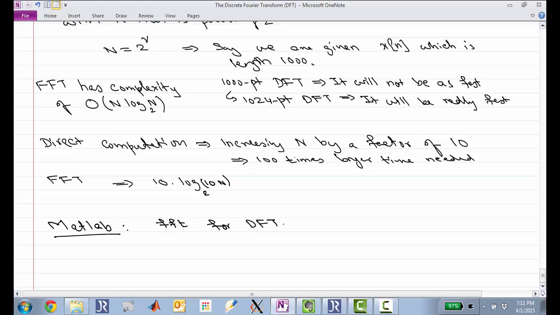So actually the similar kind of procedure works for inverse, and so on the inverse side also, in MATLAB it's called IFFT for inverse DFT. Okay. But the main thing to remember is try to use n that is a power of 2.